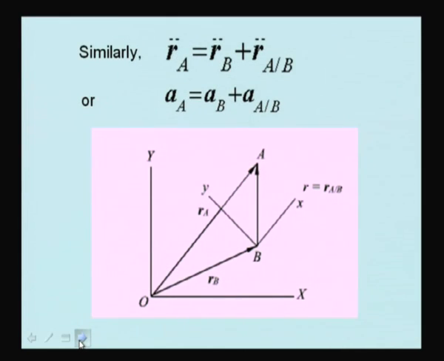In the same way, we can find the accelerations. We take the double derivative, which we indicate by a double dot on the vectors.